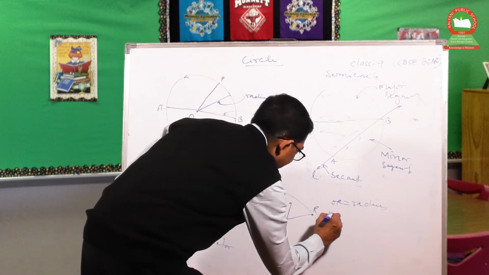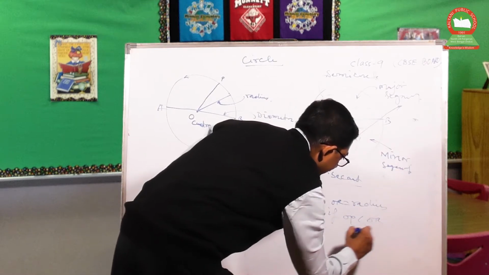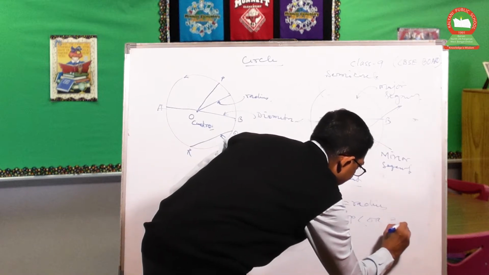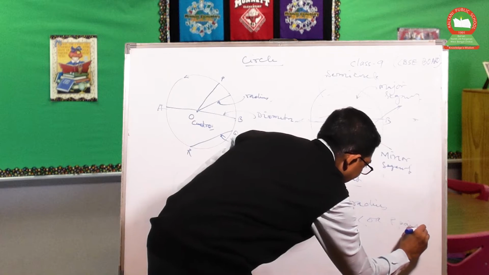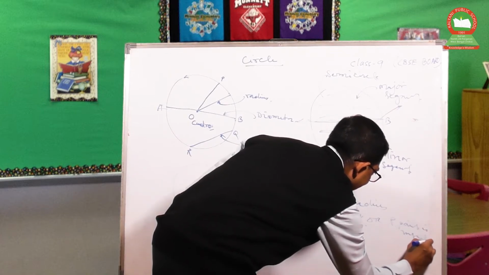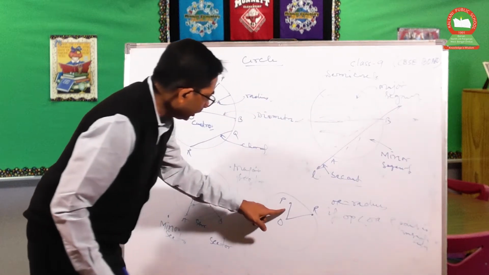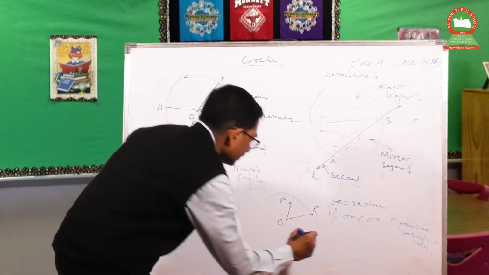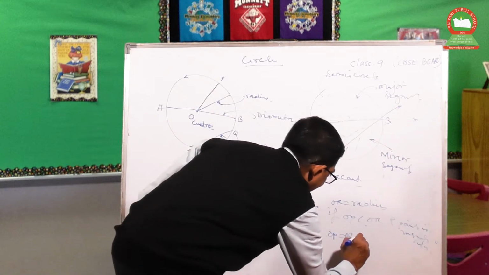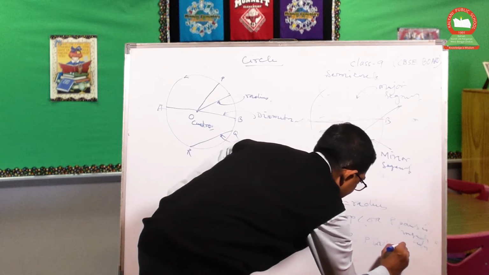If OP is less than OR, then P is inside the circle. If OP is equal to OR, then P is on the circle.